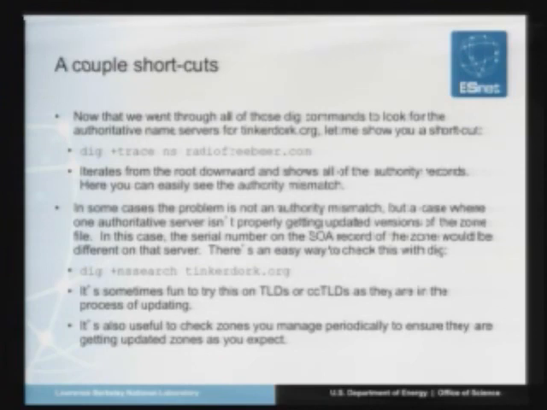So if you do that dig plus NS search on a domain, it will query all the name servers that are authoritative for that domain for their SOA records. So you want to see if their SOA records, particularly the serial numbers, match. That'll tell you whether you're actually getting correct information from all the servers.